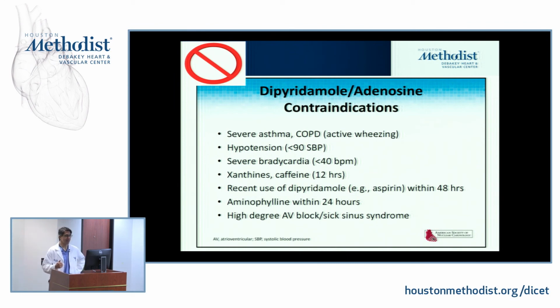Because of its effects on the conduction system, if they have advanced degree AV block to begin with, again, you want to avoid adenosine. And then all the usual things that we're careful with regadenoson as well: no caffeine for 12 hours, and you want to be off of dipyridamole for at least 48 hours.